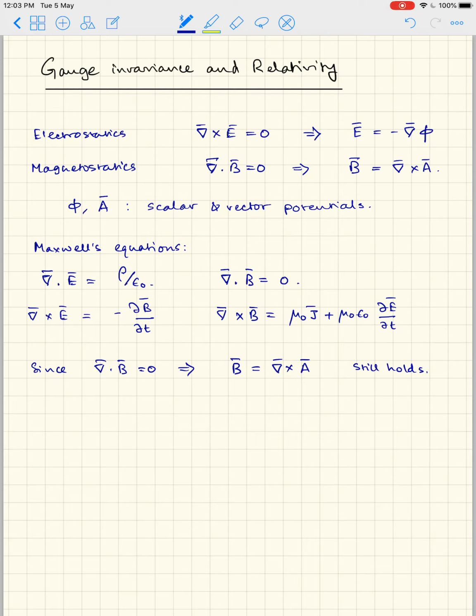So let's do this. Del cross E is minus del t of, now you have this as a curl of A, right? So what is happening is, instead of curl of E being 0, what you have is curl of E plus del A del t being equal to 0.